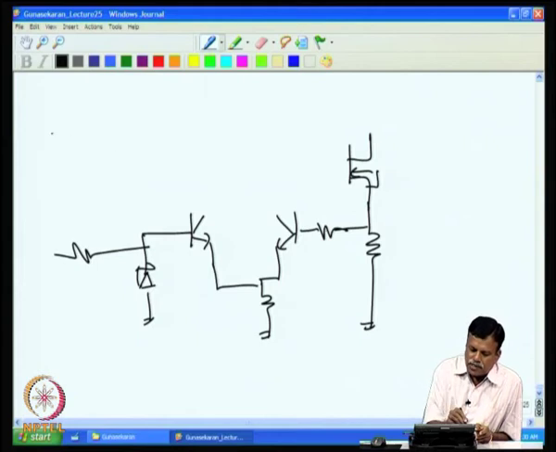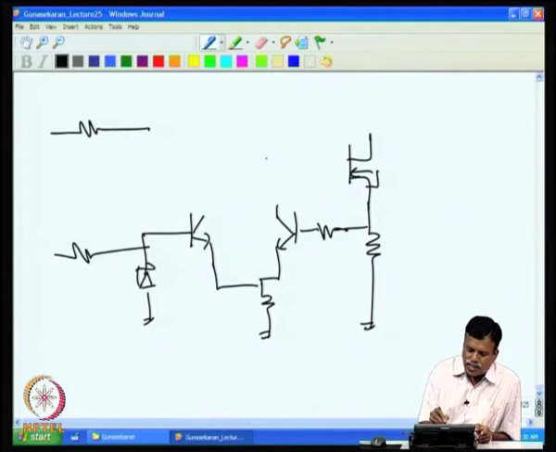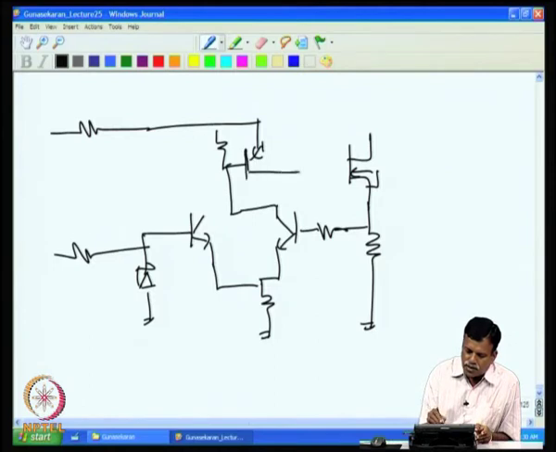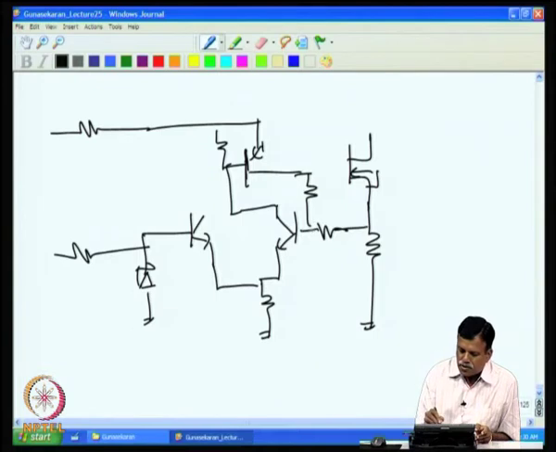Then the latch function can be retained as it is. So, what we can do is we can have this, and to this transistor the latch function can be added. So, we can have a device here, and this can be connected to this, and then the output of this can be connected to this. This can even be connected to supply.